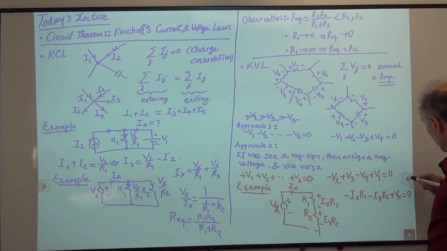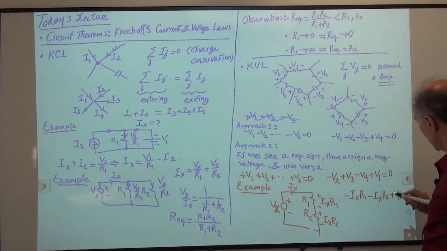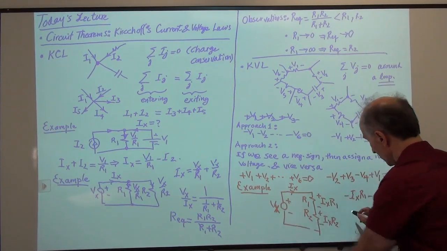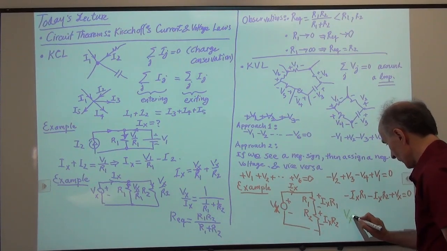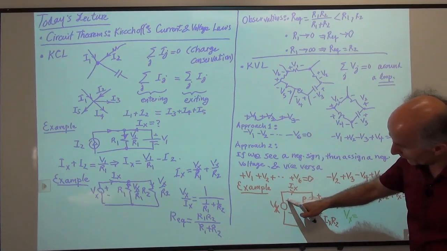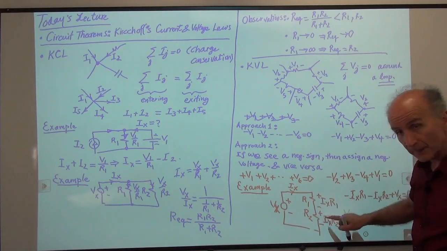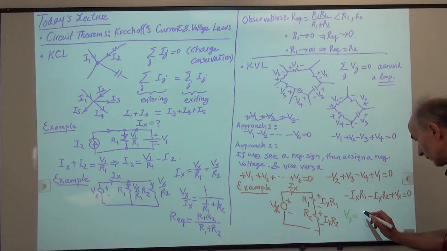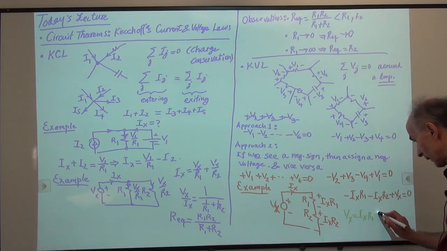So let's change the color of the pen. So I can say Vx, this voltage, is equal to, this voltage has its higher potential here, right? And these two have their higher potentials here. So I can say that that's equal to Ix R1 plus Ix R2.